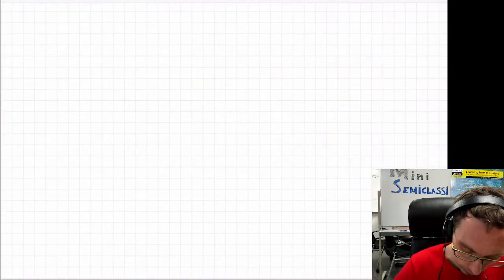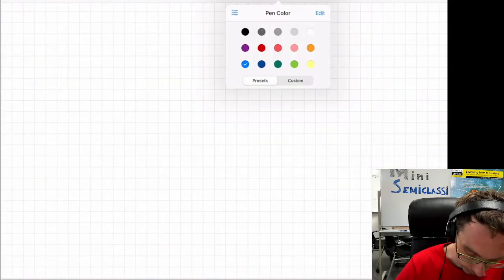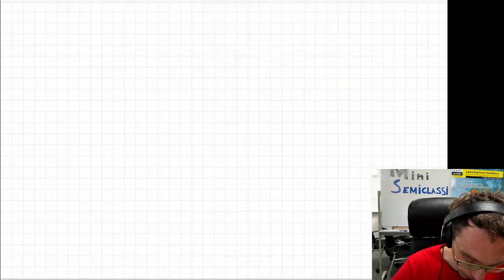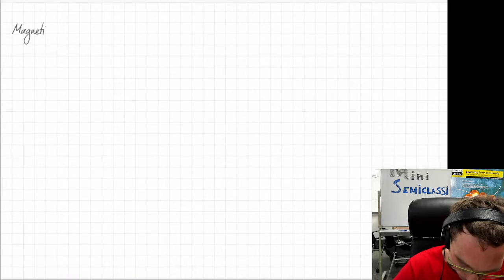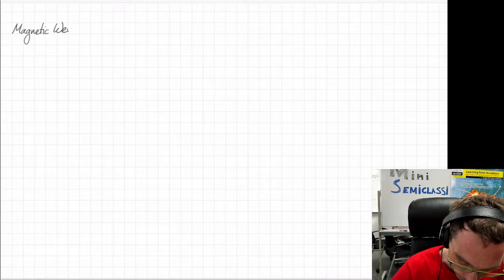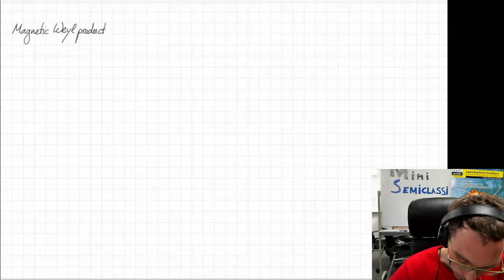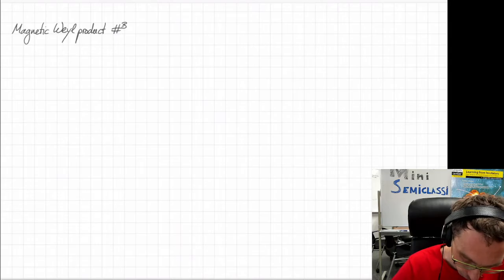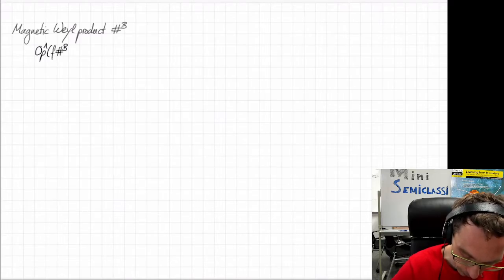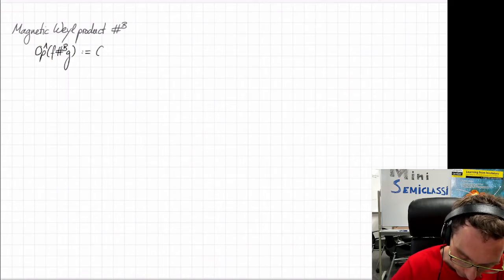So similarly, you can also look at, or define, a magnetic Weyl product. And importantly, as the notation already suggests, gauge covariance is not a condition, sorry, it's a property of our covariant quantization.